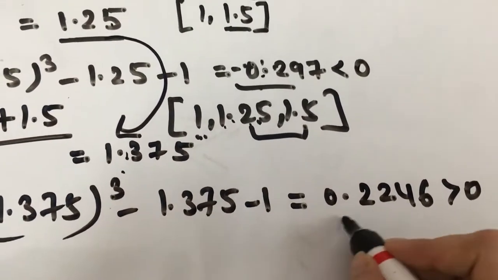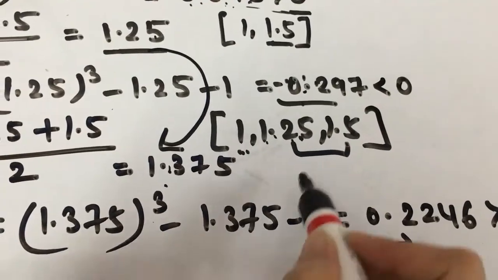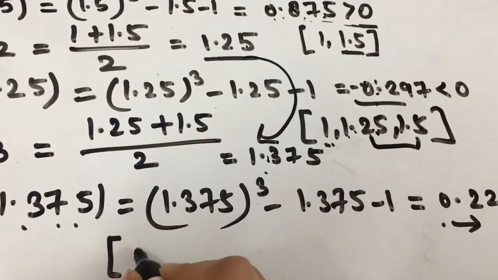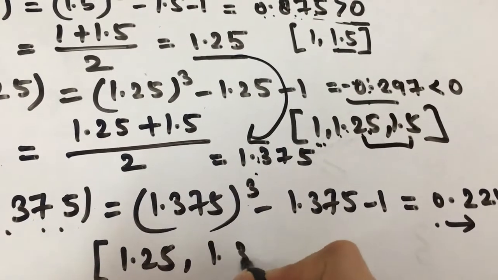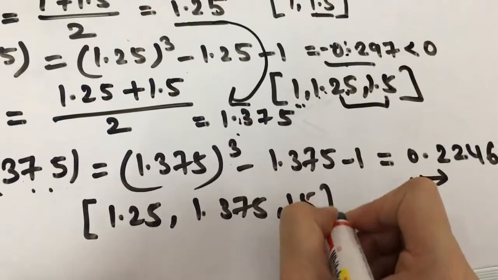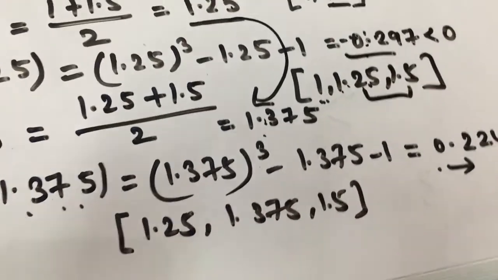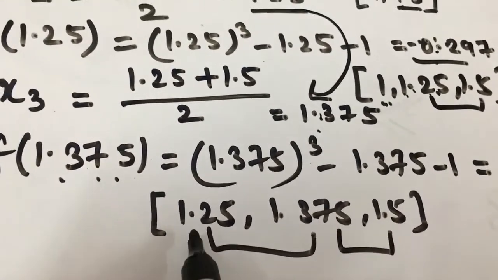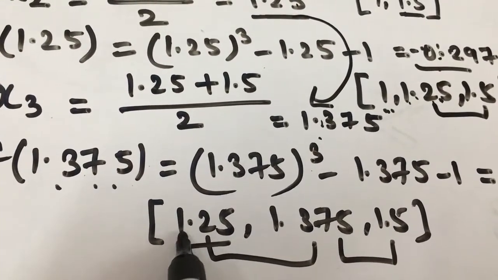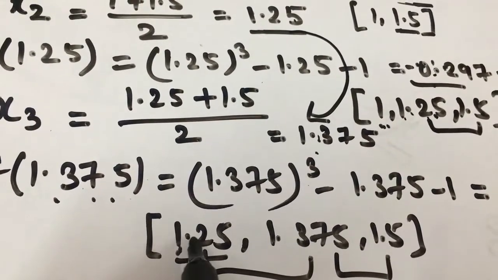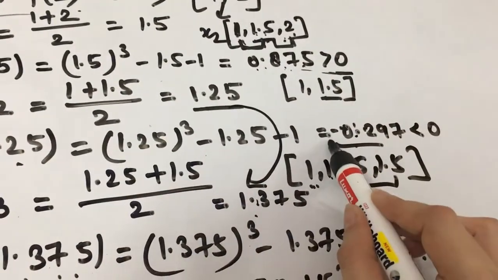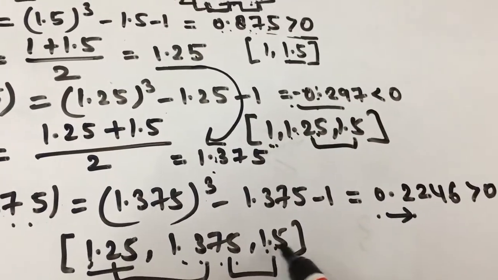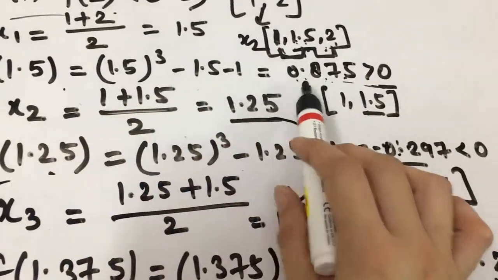So now this value at 1.375 is positive, so my domain will be 1.25, 1.375 and 1.5. I need to check where my root will lie, either in this interval or in this interval. Here I can see the value of function f at 1.25 is negative. At point 1.375 it's positive, and at point 1.5 its value is positive.